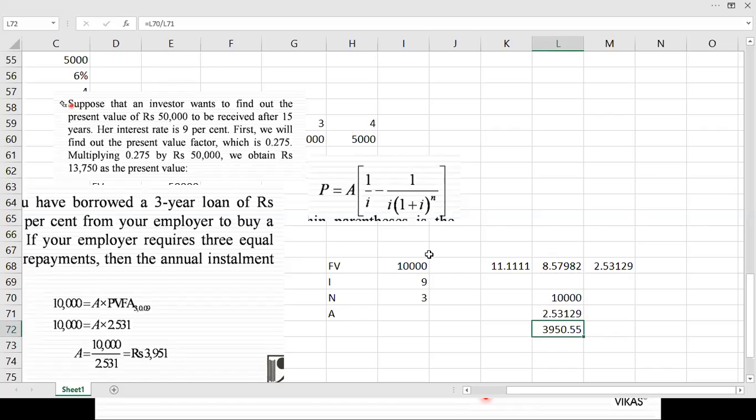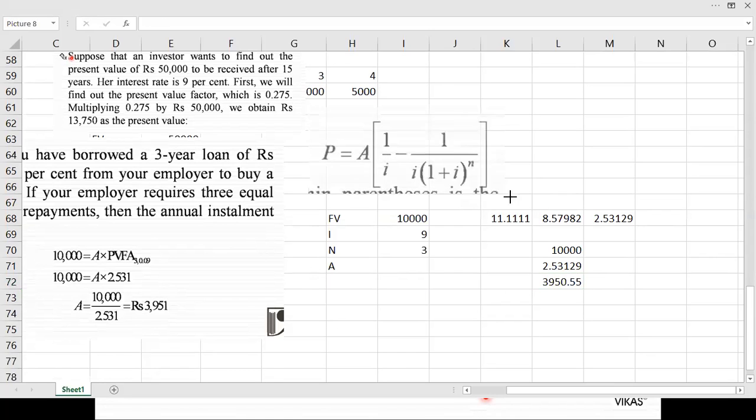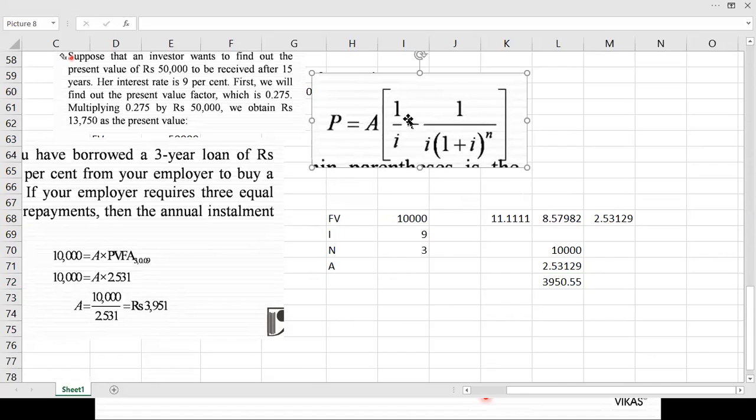It's difficult. Due to this difficulty, I have simplified this formula in a different way for exam purposes. This is the actual formula. So I have converted it like this, so I can use the whiteboard. 1 over 1 plus R, which means I, is called the present value factor. Then 1 minus the present value factor, divided by R again. It's very easy.